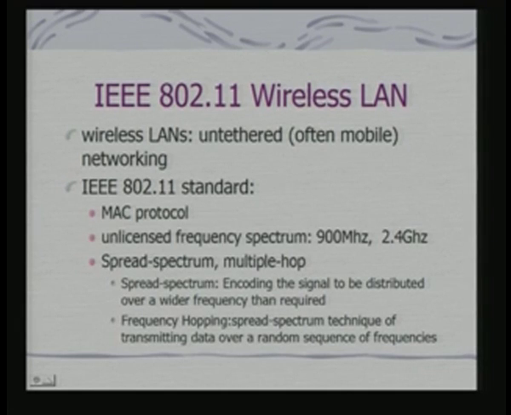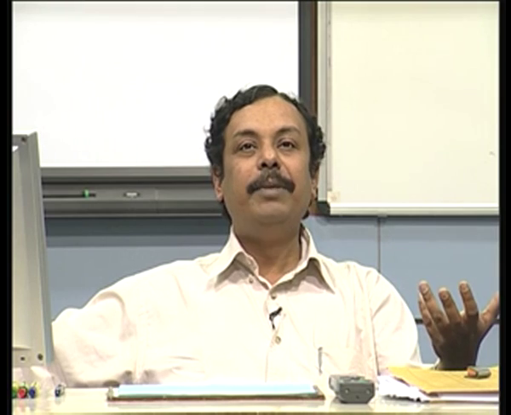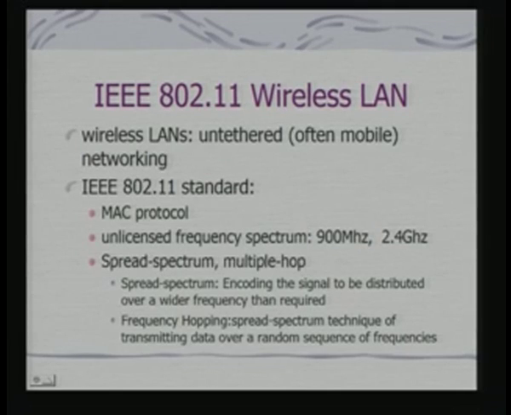You have a random sequence of frequencies and the data is spread over a number of these frequencies, and how they are distributed is also random, because that minimizes the problem of interference, since these networks are used in a variety of scenarios. There can be sources of problems and noise, so you would like to make it interference resistant. That is why spread spectrum frequency hopping is used as the physical layer specification for these kinds of networks.